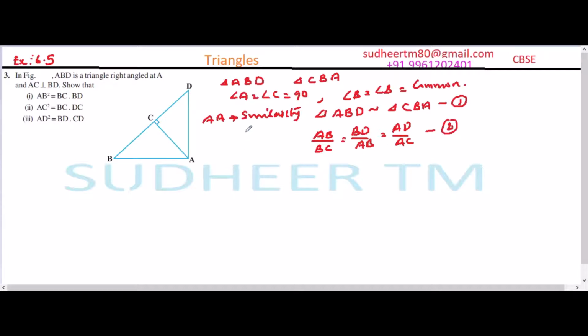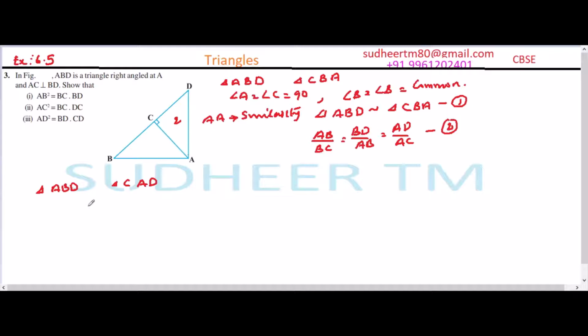Now similarly, let us consider the bigger triangle and the top one: triangle ABD and triangle CAD, with the right angle at A, and D common. What can we write here?